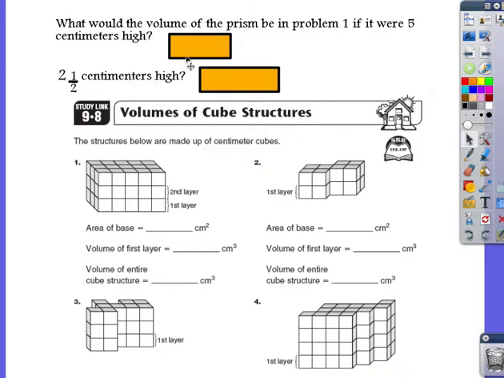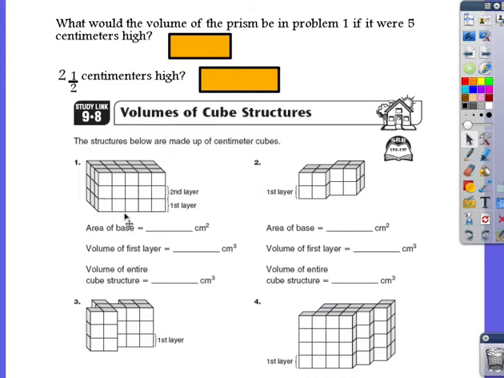What would the volume of the prism in problem 1 be if it were 5 centimeters high? Well, if we can find our base first, it is 1, 2, 3, 4, 5 by 1, 2, 3. 5 times 3 is 15.